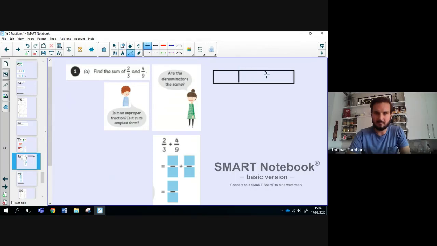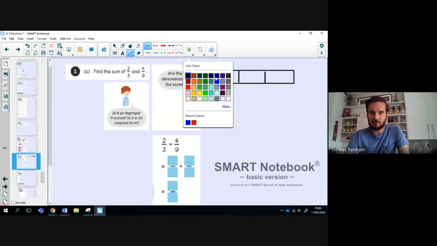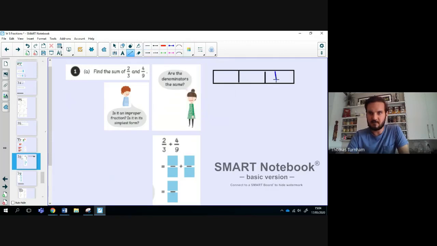They're probably not going to be because I'm drawing them, but I've got my 3rds. To make this into 9ths, I've got to split each of these into 3 parts. 1/3 becomes 3 parts. 1/3 becomes 3 parts. 1/3 becomes 3 parts. Now that is 9ths.